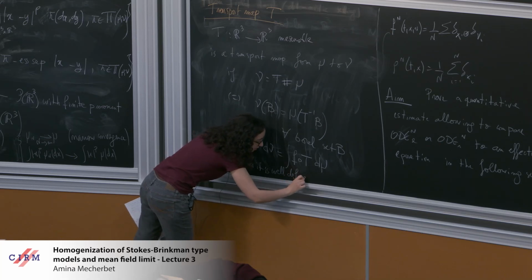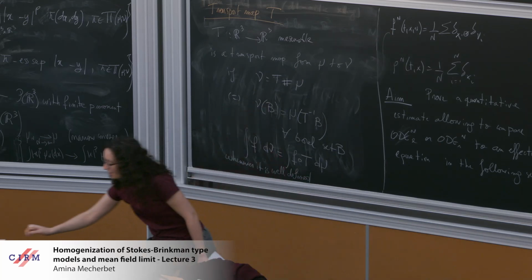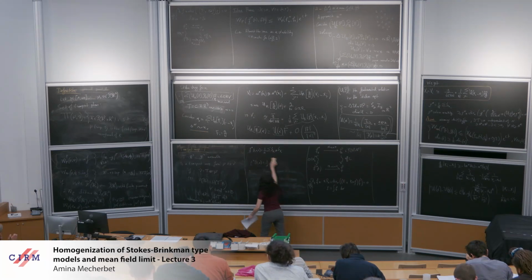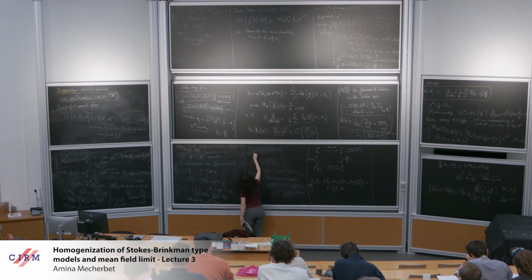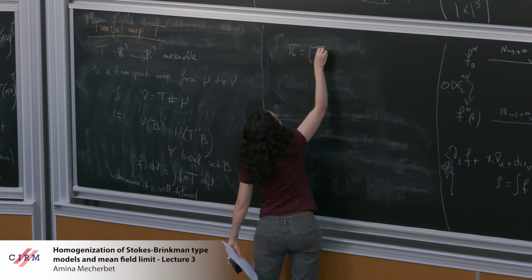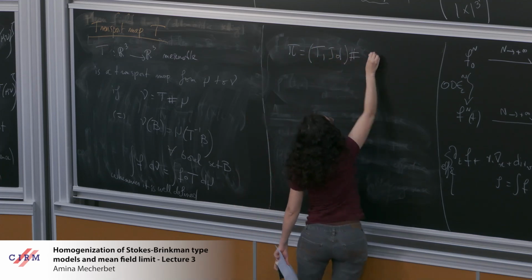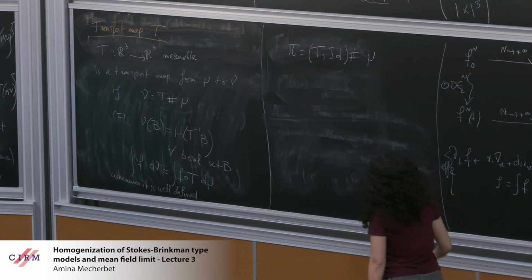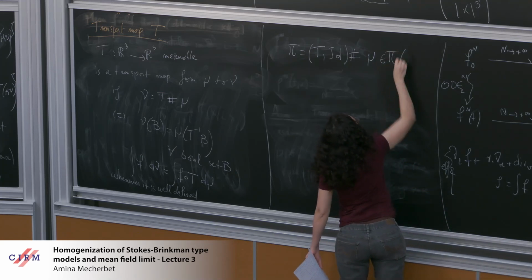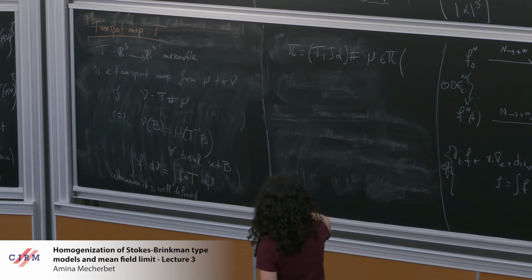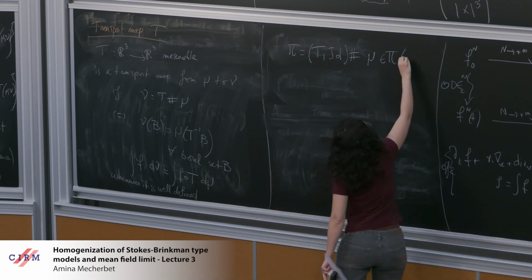Thanks to this, you can imagine constructing a transport plan using a transport map. Because if you know that this is the push forward of this, then if I define something like this, it becomes a transport plan between, so I called mu the first marginal, and nu.